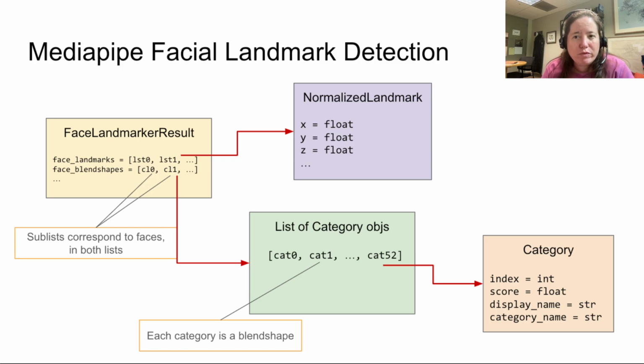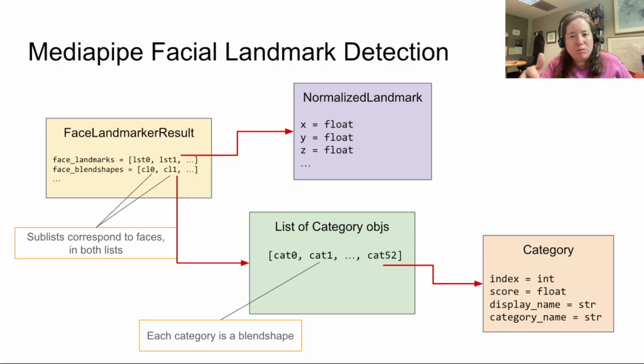So the detector returns information. It's quite complicated, as you might expect. The face landmarker result is an object that contains all of the information. There are two sets within it. There is a face landmarks list and a face blend shapes list. Each element in the lists corresponds to a face.